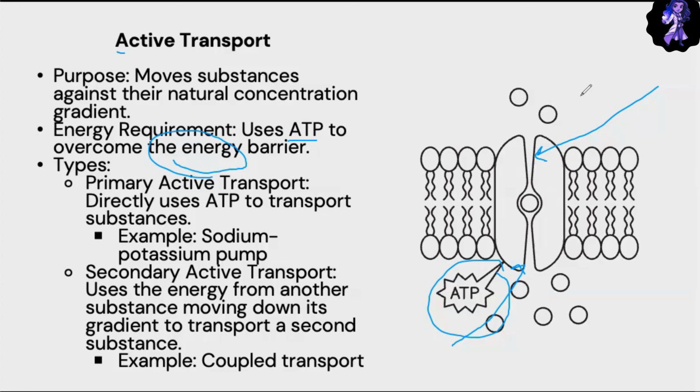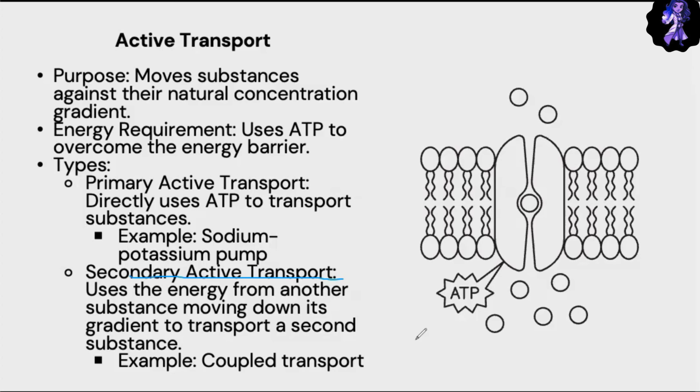The previous picture that I showed was not utilizing ATP. Because this is utilizing ATP, we know that the specific sodium potassium pump requires some sort of energy. And because of this, this is considered active transport. Now, you can have what's called a secondary active transport, which means that you're using energy from another substance to help with the gradient.